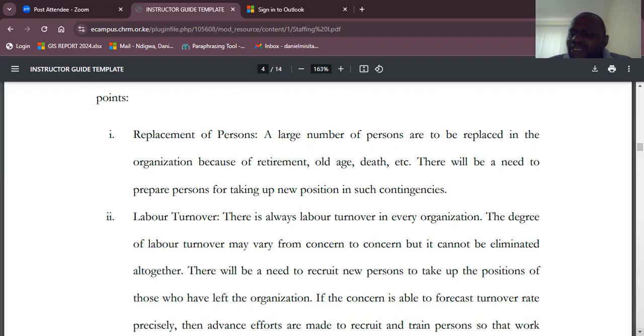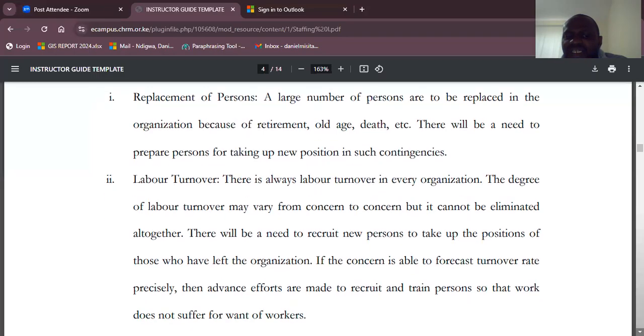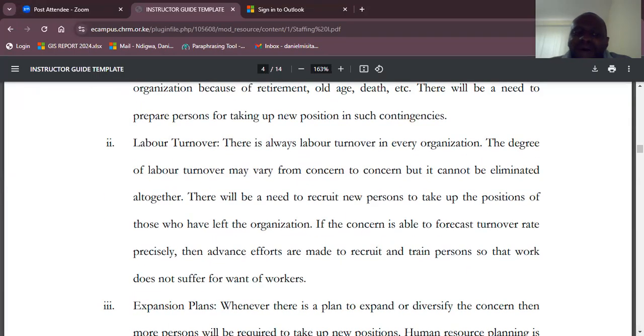The other reason that might lead to human resource need in the organization is labor turnover. When we talk about labor turnover, what comes into our mind is that the majority of employees are leaving that organization because of some reasons that are known to them. Some of the reasons might be poor working condition, where the employees feel that they are not treated well.